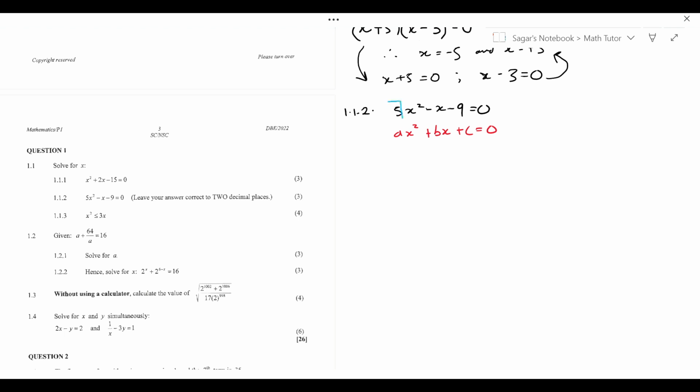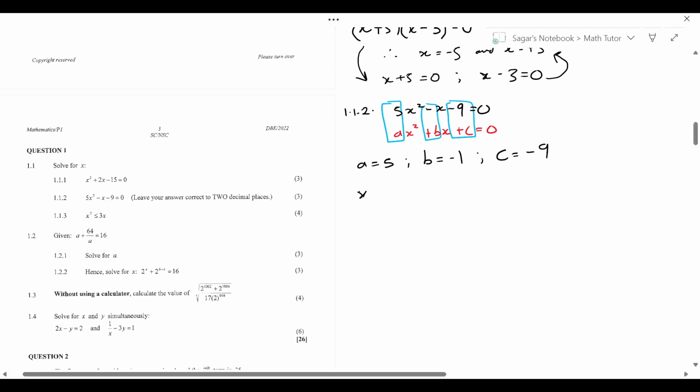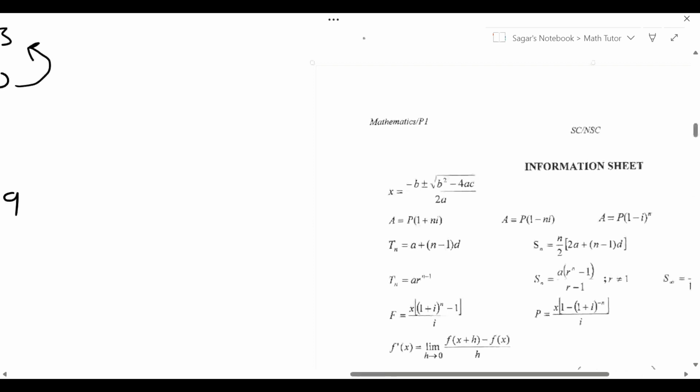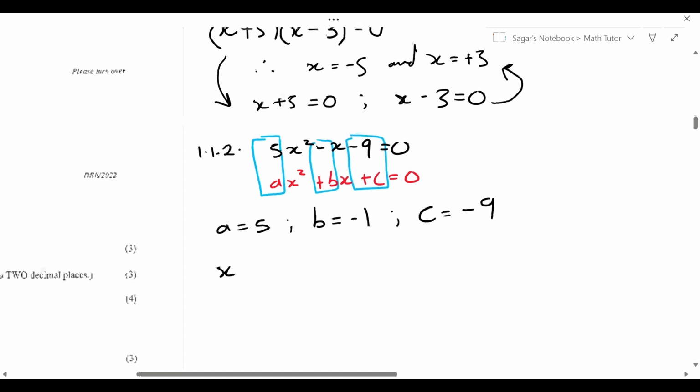We see that a is equal to 5, b is equal to minus 1, and c is equal to minus 9. Once we have these, it's game over. It's substitution. Right? We know the formula, it's in the formula sheet right there. It's like giving you the solution.